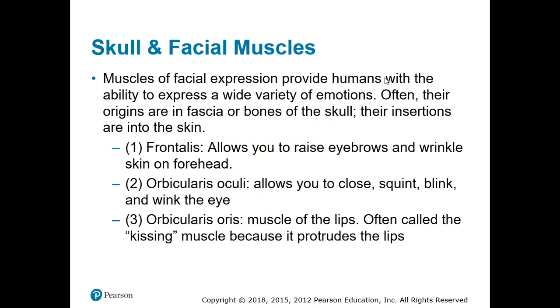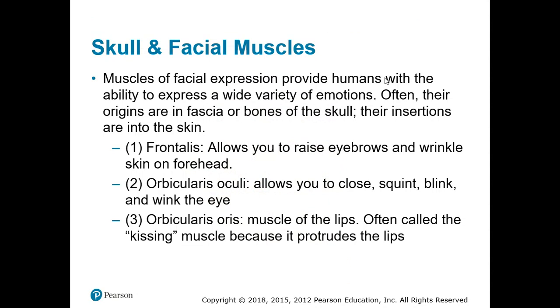Remember, origins are the immovable parts. Their insertions are typically on parts that are able to move, such as our skin. The first three muscles we're going to talk about are your frontalis muscle, your orbicularis oculi muscle, and your orbicularis oris muscle.